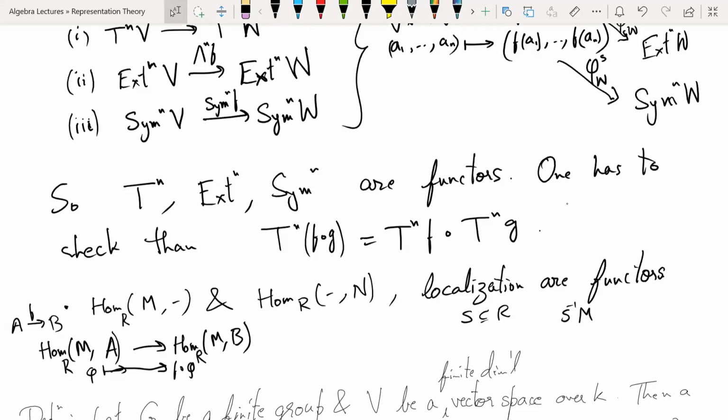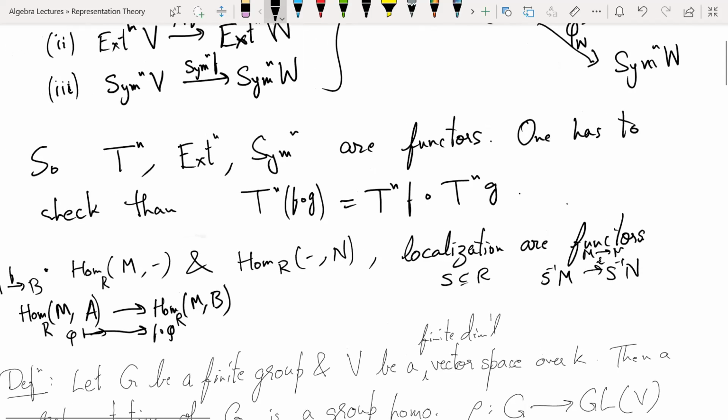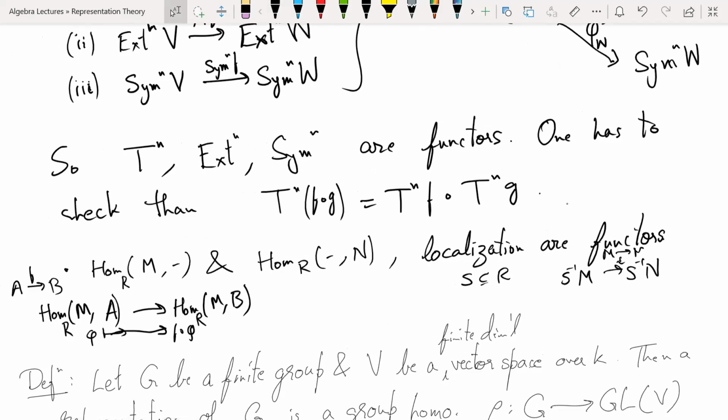If you have a map between M and N, then you'll get a map between S inverse M and S inverse N. So a linear map from M to N induces this. Both are in fact S inverse R modules as well, so you can also say that this is a functor from R modules to S inverse R modules. Okay. Is that okay? Yes, sir.